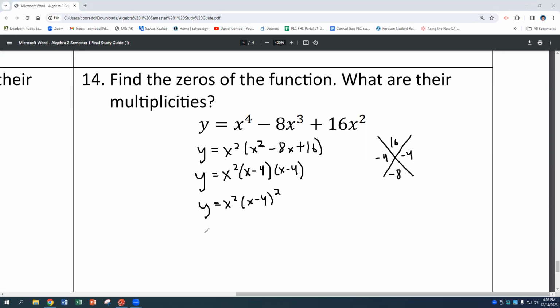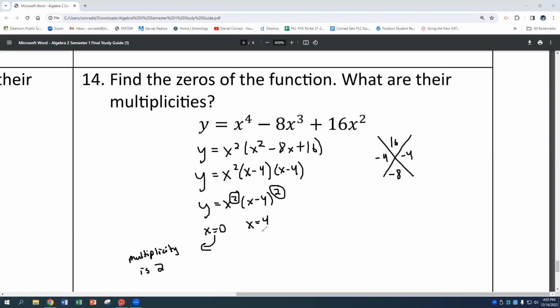Okay, so in this case, we're going to get x equals 0 and x equals 4. And the multiplicity of each of them is going to be 2. So the multiplicity is even. It's 2 because it occurs 2 times. It's x squared.